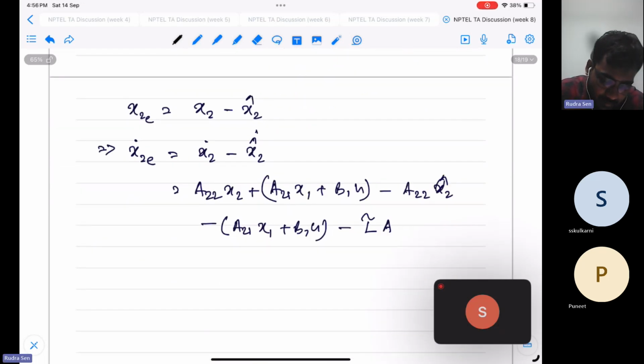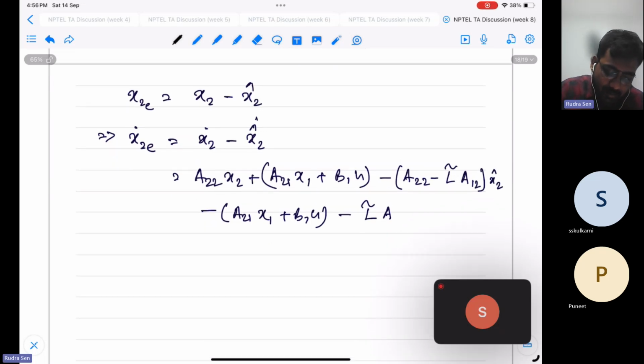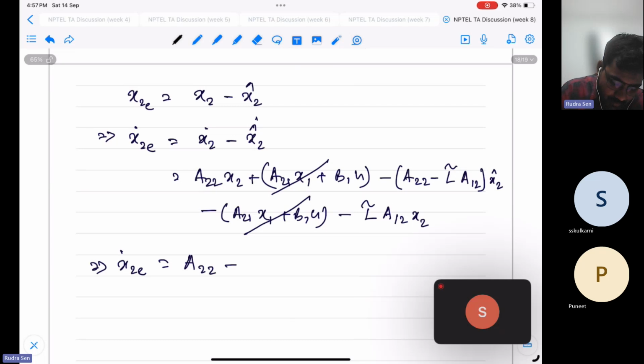Sorry, I just made a mistake. This is A12 x2, so this term cancels out. So x2e dot is equal to A22 minus L tilde A12 times x2e.